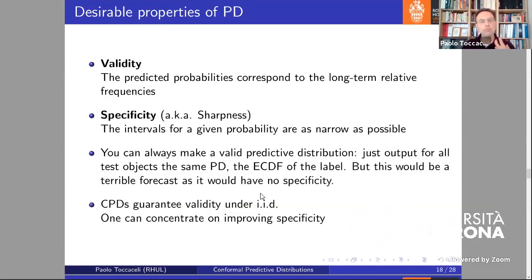So the key thing, and sorry if I repeat myself, of conformal predictive distributions is that they guarantee validity under IID. And the good thing is that you can concentrate on improving specificity. So even if your algorithm is not very good, you still have validity. What you have to do is improve specificity.